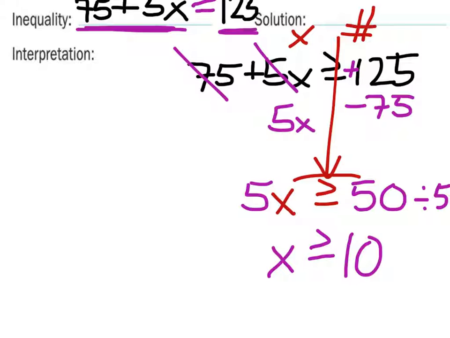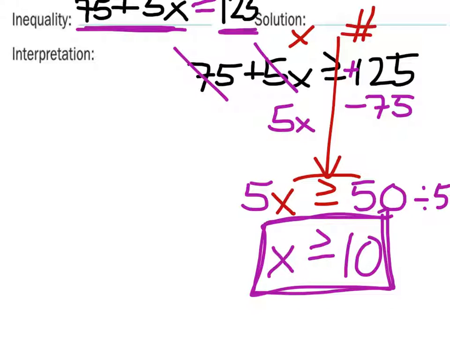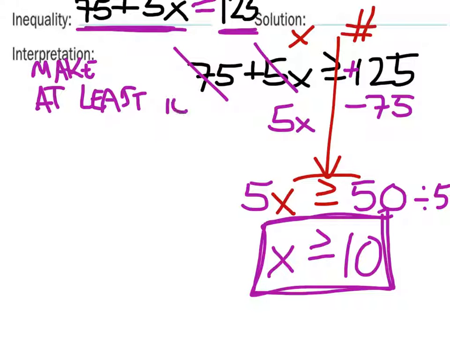All right, so what we need now is a solution, an interpretation. What did x represent? Number of sales, right? So she must make at least 10 sales.